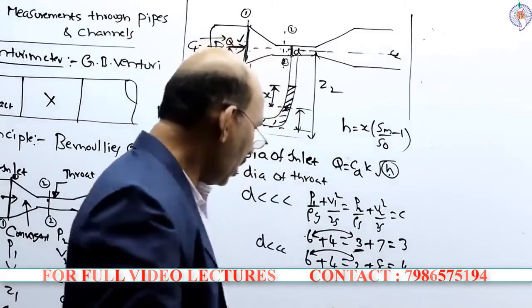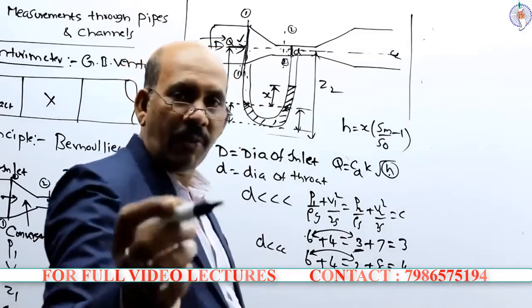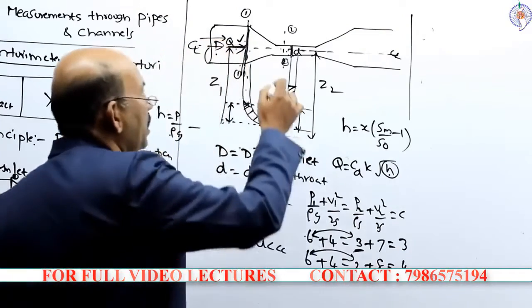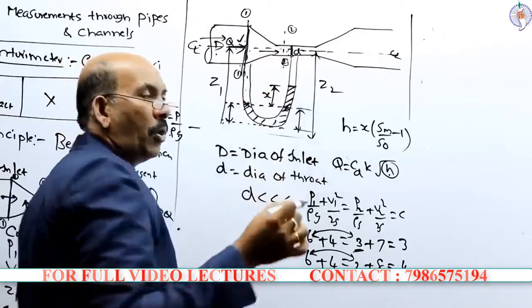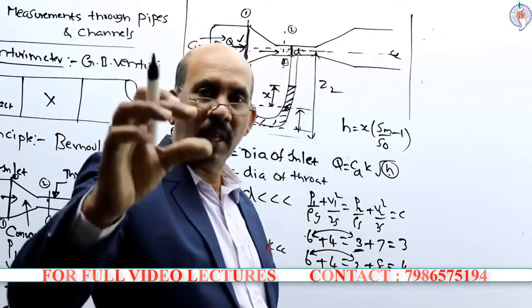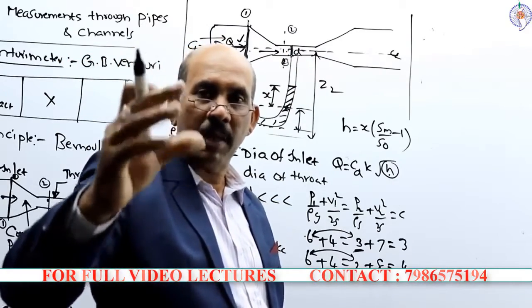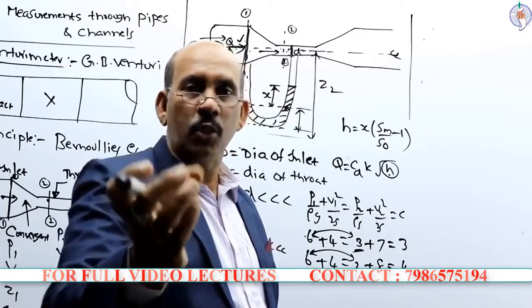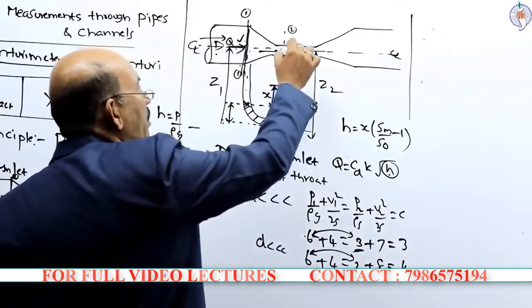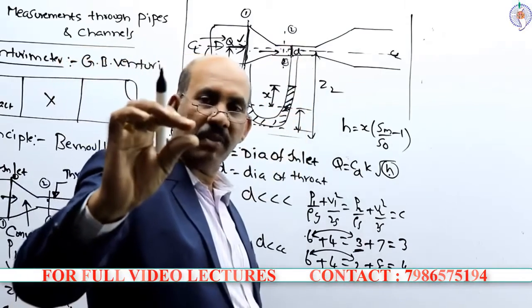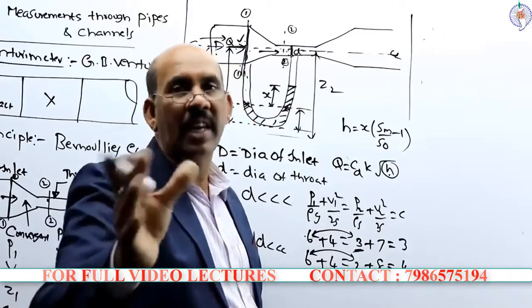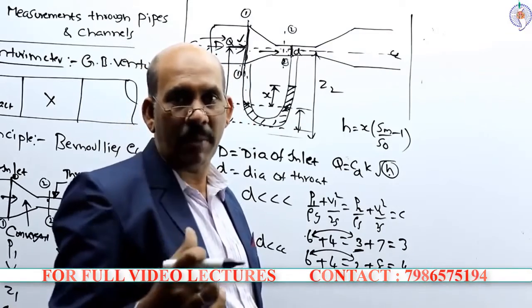But if the pressure falls below the vapor pressure at this particular point, the flow is not possible. Because if the pressure falls below the vapor pressure, the boiling of this liquid takes place at that point, due to the diameter being very small, and inside that air is present, the suction pressure will be there.